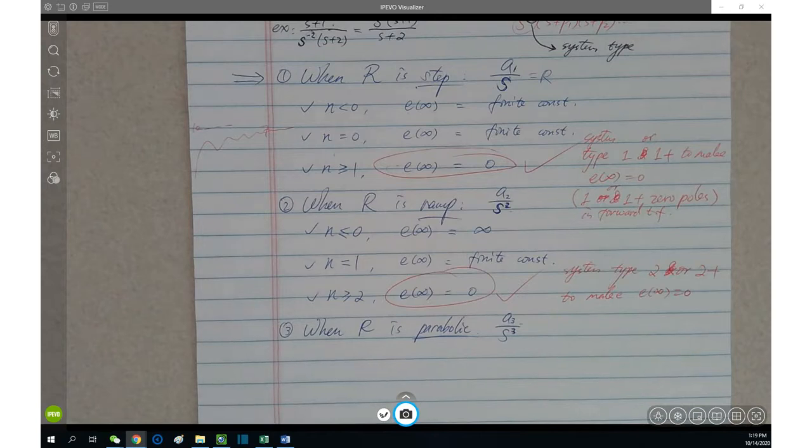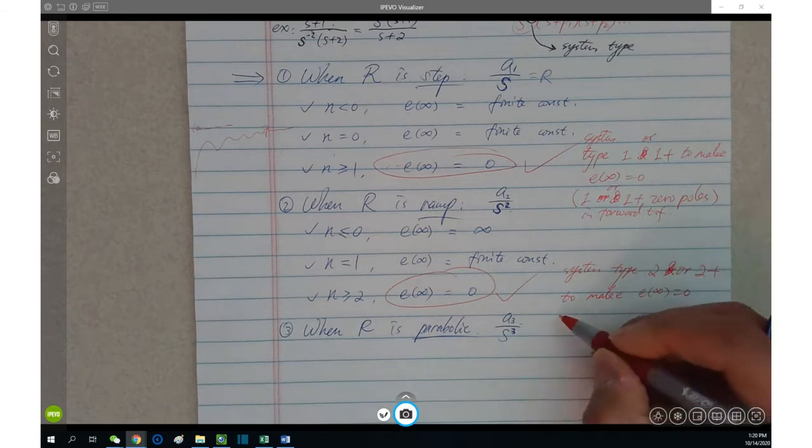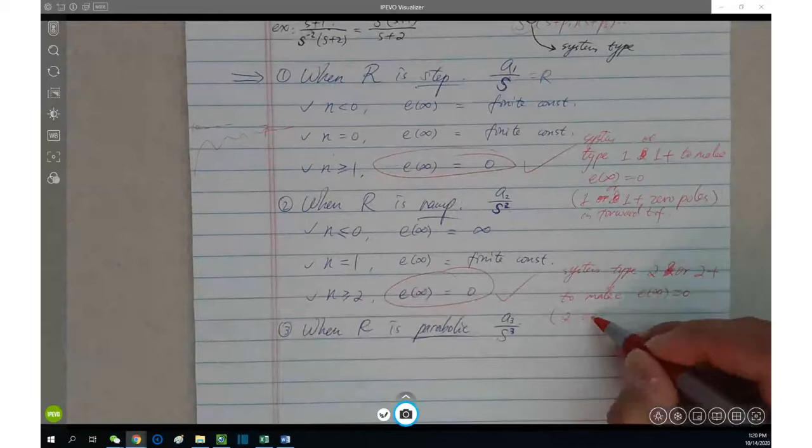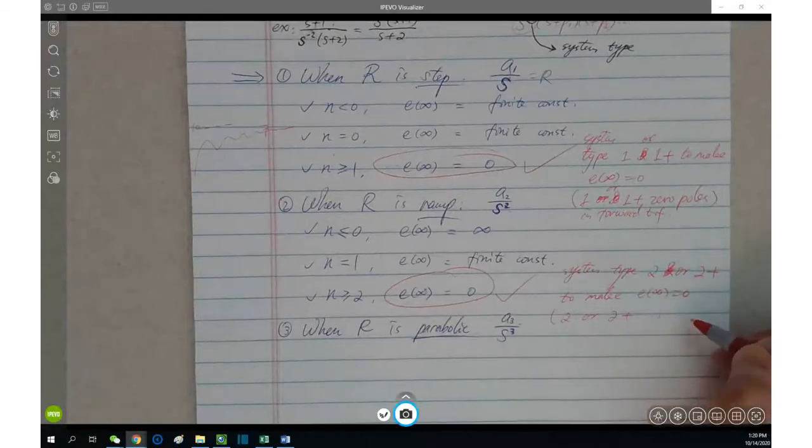You need to specify the input and then talk about the steady state error. Without specifying the input, you can't, generally speaking. You can't say the type 2 system has a steady state error of constant or 0 or infinity. No, you need to specify the input first. And it also means your forward transfer function needs 2 or 2 plus zero poles.